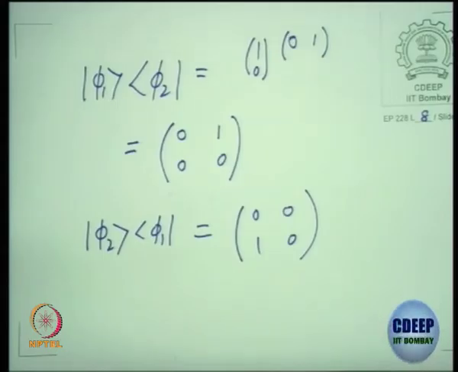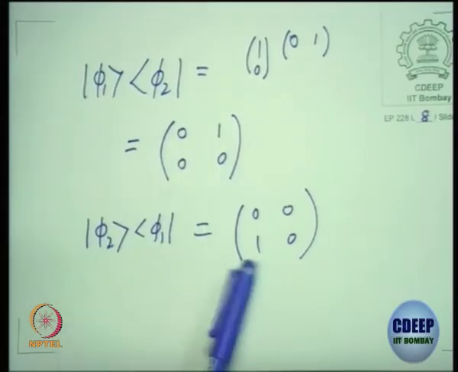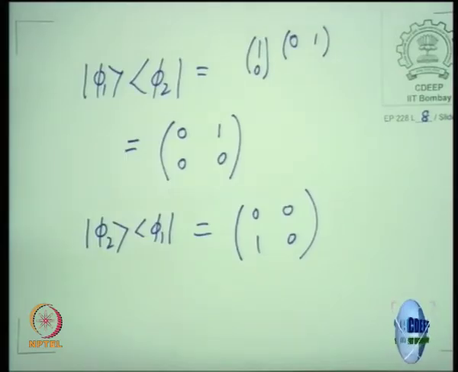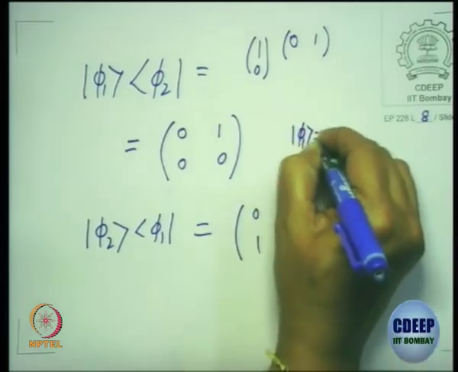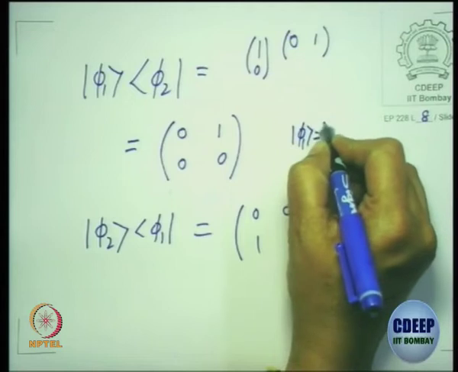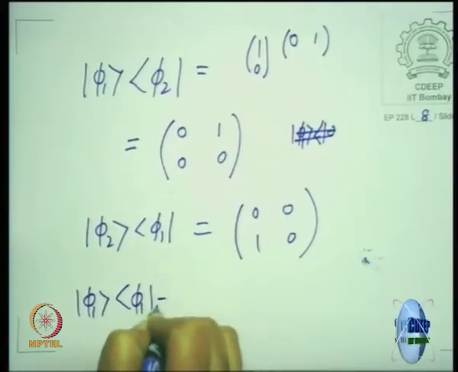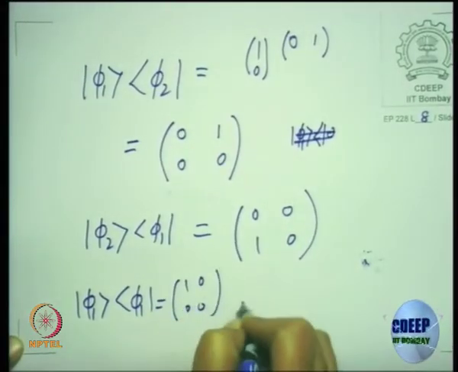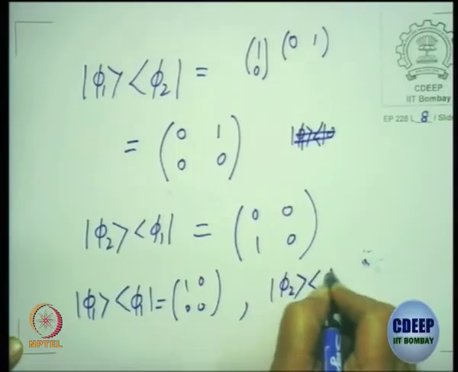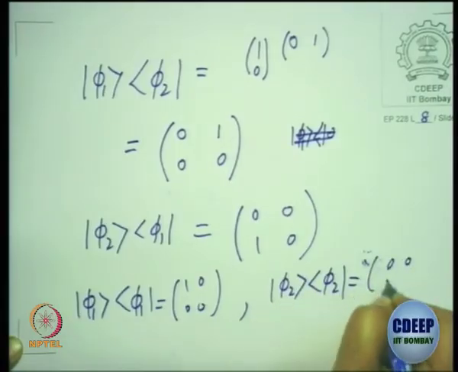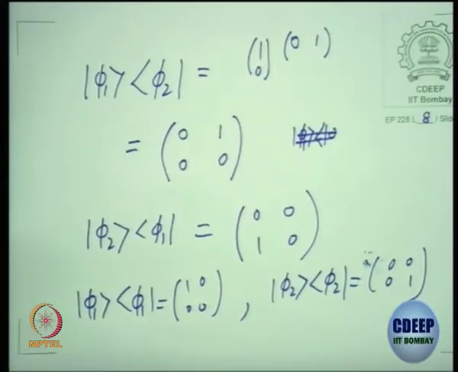This appears like the 1-2 element which is non-zero, this appears like the 2-1 element which is non-zero, and the earlier ones were the diagonal elements. 1-1 was non-zero, right? Phi 1 phi 1 is 1 0 0 0 and phi 2 phi 2 is 0 0 0 1. So, this should tell you something.